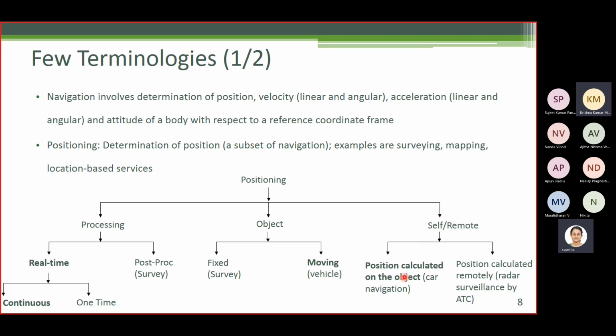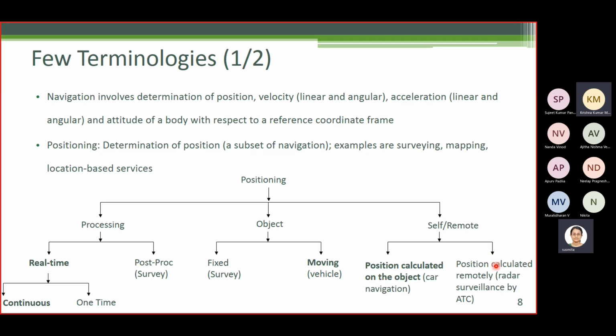Examples are car navigation and pedestrian navigation. When you are navigating with a cell phone, you have everything in the phone. You get measurements, the phone does the processing, and finally gives you the position. That is an example of self navigation or self positioning.